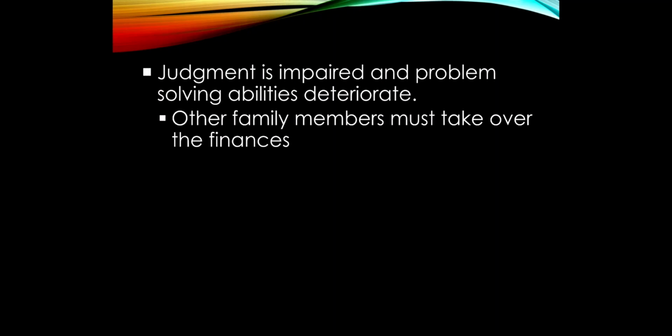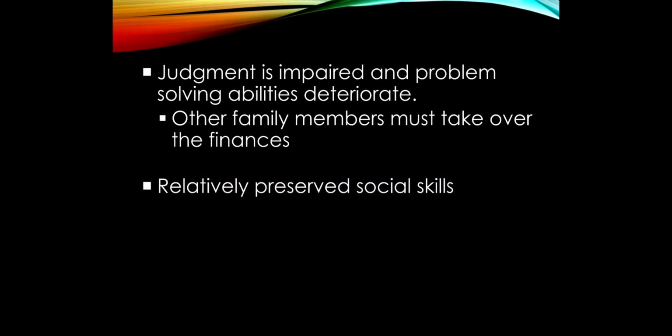As things progress, there's impaired judgment and impaired problem-solving abilities. It's frequently helpful to ask who pays the bills. And so you'll often get a story about bills being paid twice, or more often not paid at all, or an extra 0 is added. So that often happens.